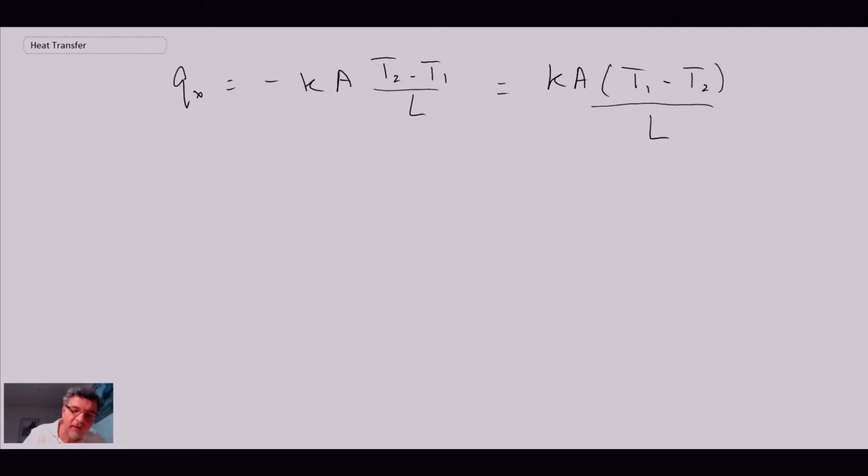So let's write out Fourier's law. Given our definition of R value, we said it was related to the temperature change divided by heat transfer per unit area, and that is going to be equal to L over k from Fourier's law.